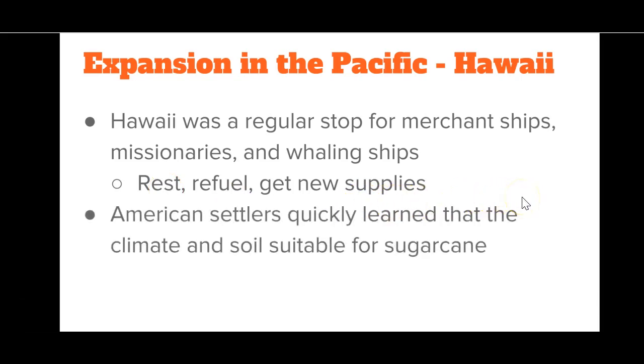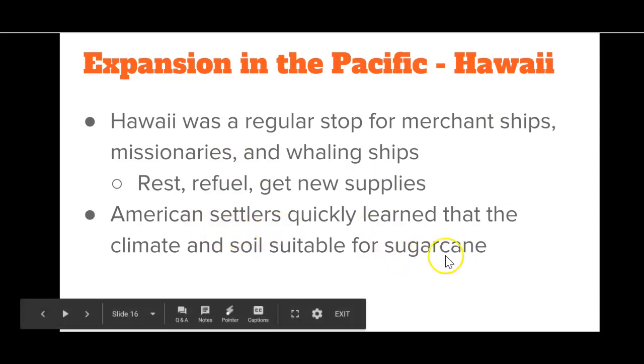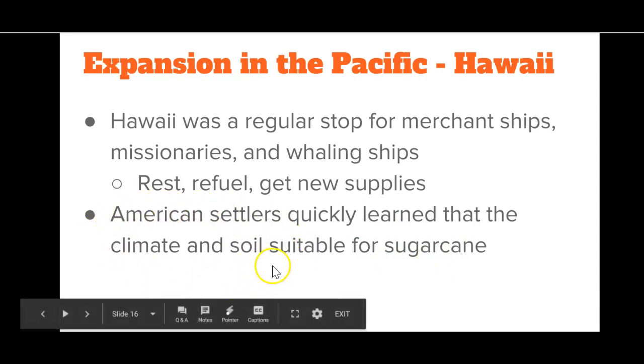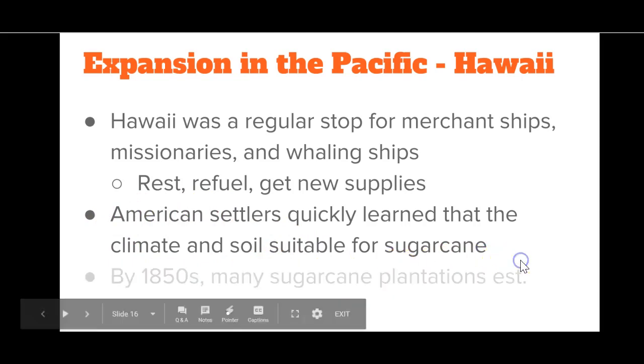Now, information came back from Hawaii from all of these different kinds of people, and Americans quickly learned that they could grow sugarcane and make money off of sugarcane because of the type of climate and soil that Hawaii has.